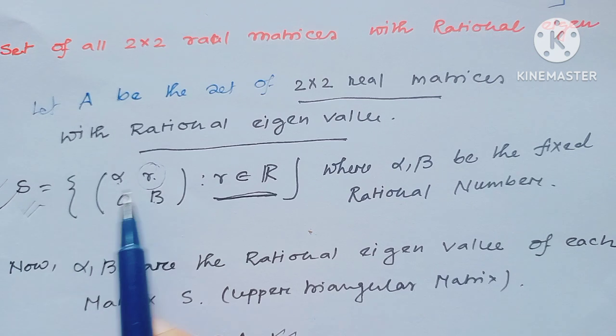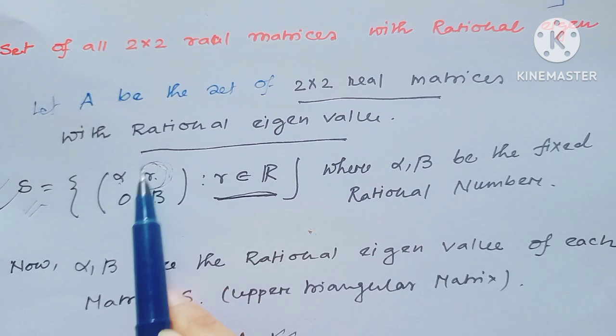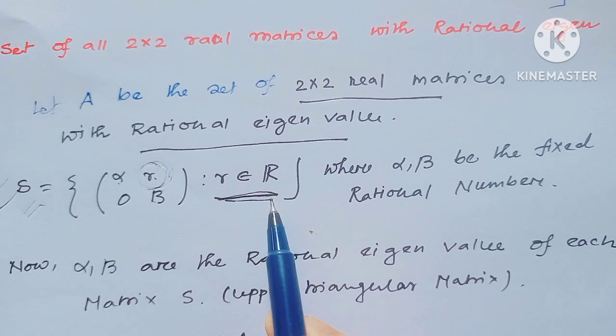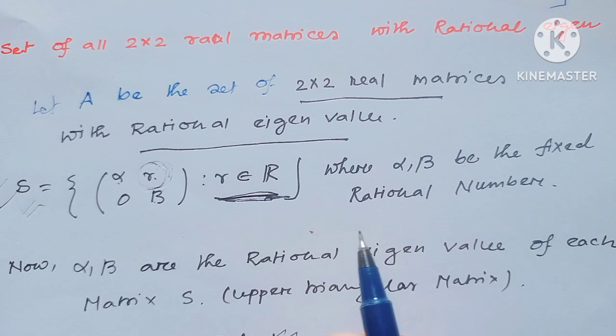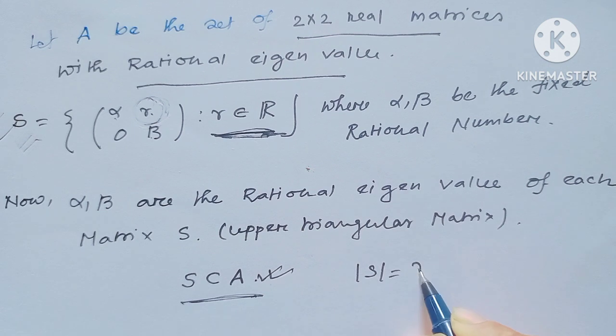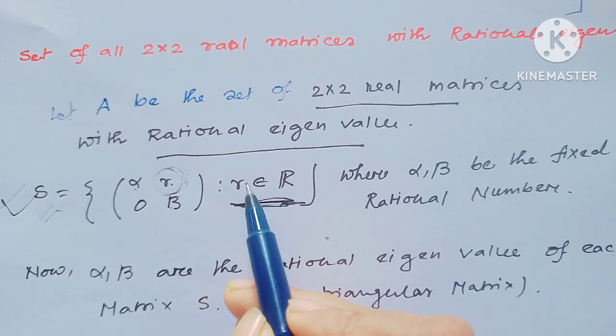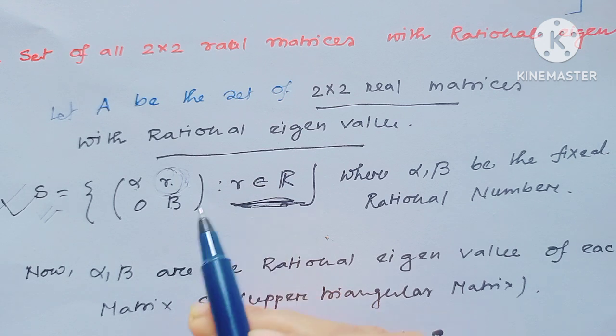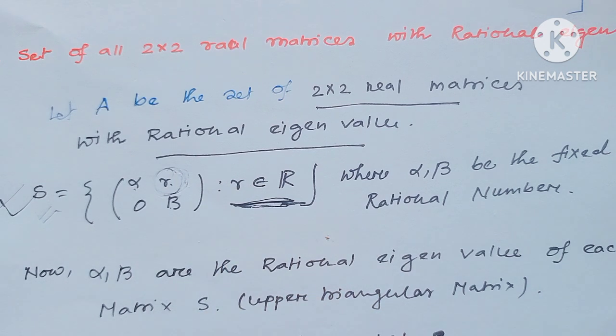This type of matrix depends on the value r, where r is a real number, so obviously the cardinality of S is the continuum C, since for each value of r I get a different upper triangular matrix.